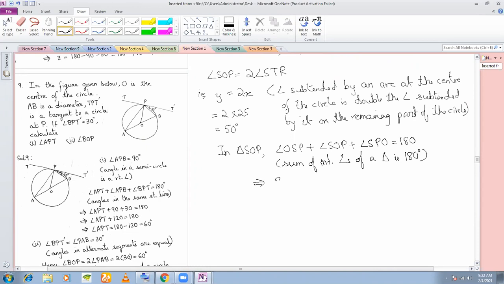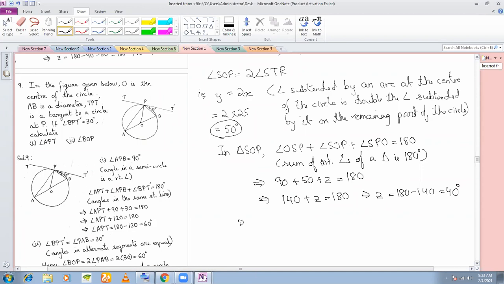Now we shall simply put the value. This is 90, angle SOP is 50, and SPO was the angle z. So z is 40 degrees.